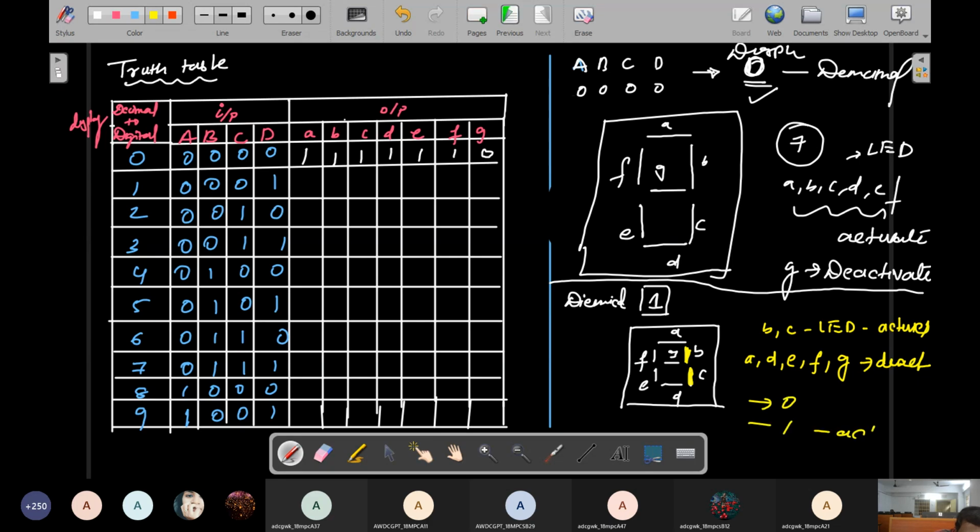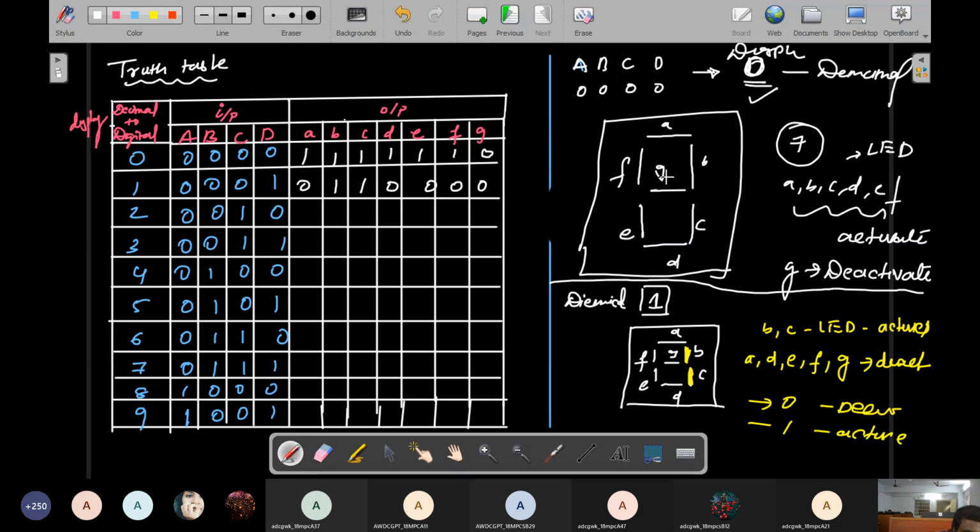This is the active condition and this is the deactive condition. For decimal 1, only B and C are activated, and the remaining are all deactivated. Simply put zeros for the deactivating condition.